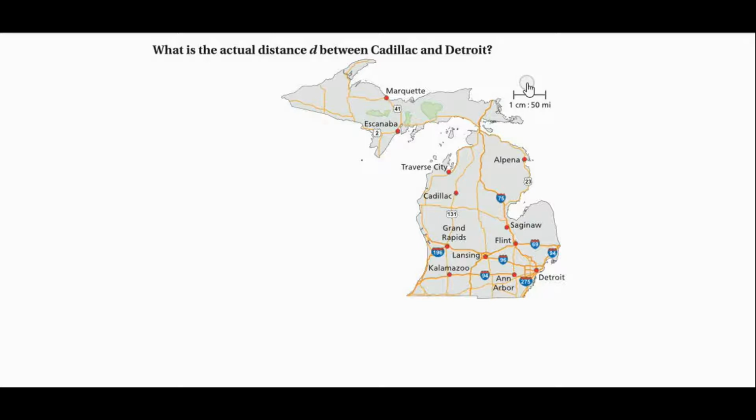Your dimension on your scale drawing is 1 centimeter, and your actual dimension for every centimeter is 50 miles. So when you're setting up your ratio, you're going to have the drawing measurement on the top and the actual measurement on the bottom. Now we're going to use that to find the actual distance between Cadillac and Detroit.